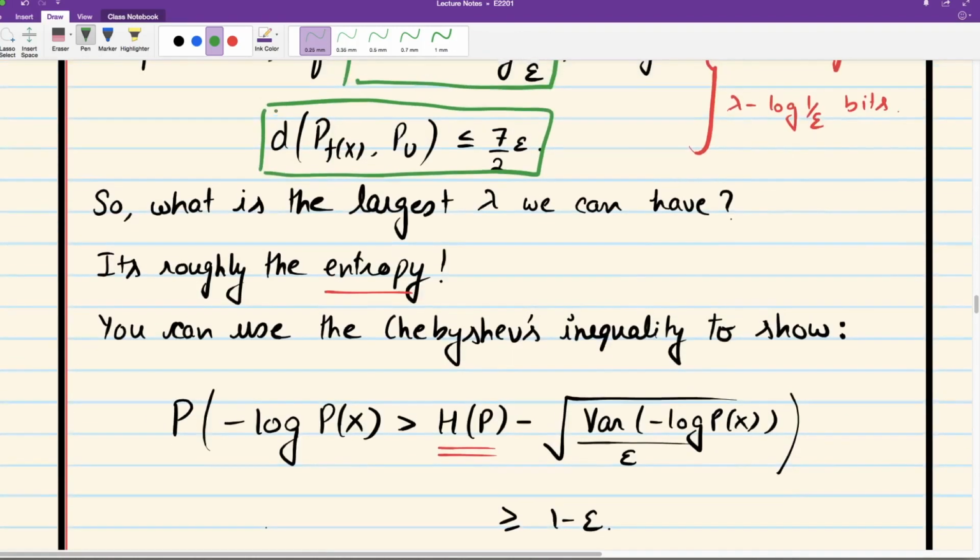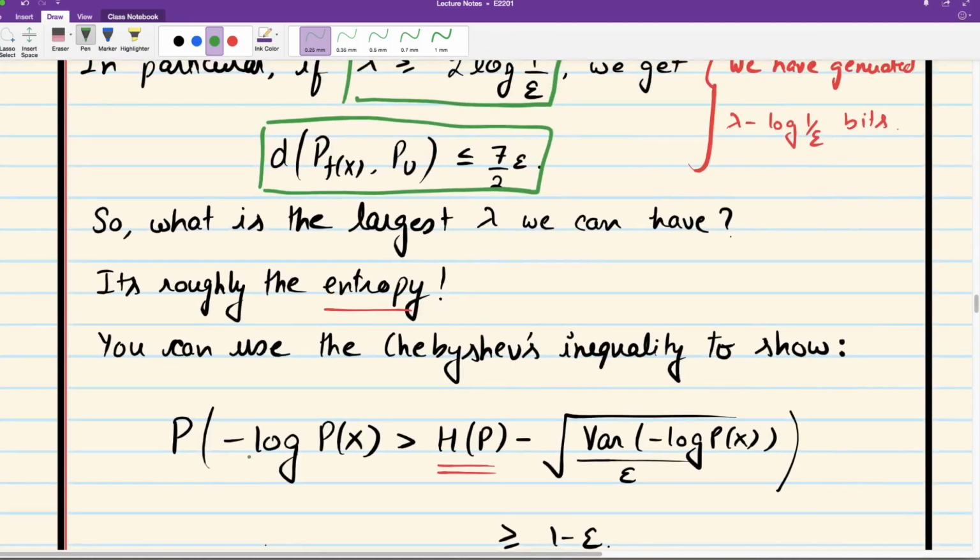You can use Chebyshev inequality to show that with large probability, minus log px is more than entropy minus some correction term. So if you use Chebyshev, you get 1 by epsilon correction. There are sharper inequalities which will give you log 1 by epsilon correction also, but we can ignore this correction term for now. Here is the main term that we should focus on. Okay, and this is a Shannon entropy.